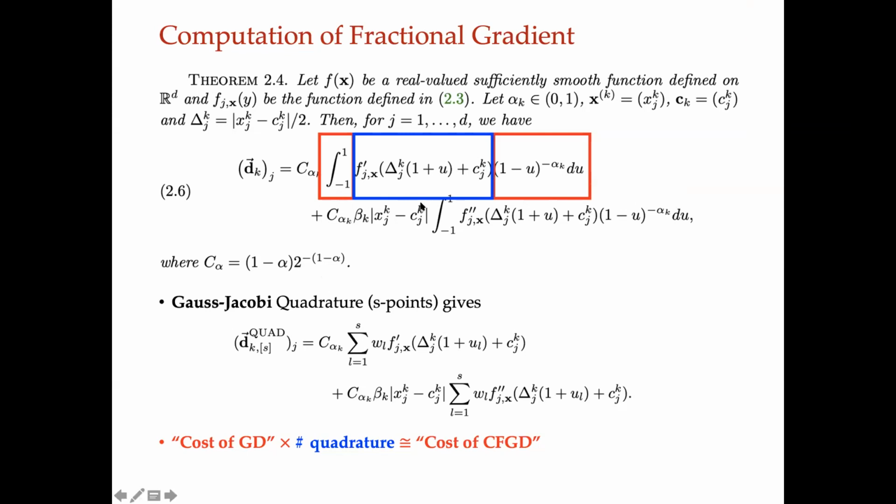Yes, and I'm wondering, I'm not sure if there is any notion of time or iteration in the X, but if there is, then when the number of iterations increases, basically the domain over which you are computing the fractional gradient increases, right?